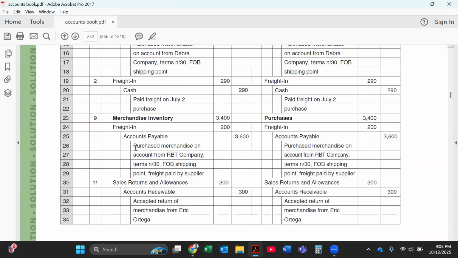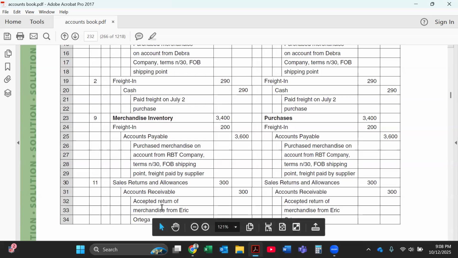Again, I purchase merchandise on account, terms N30, FOB shipping point, meaning that the person we bought the goods from sent it to the shipping point. It's up to us. It says the freight is paid by the supplier. The supplier included freight costs in the amount that we have to pay back to them.